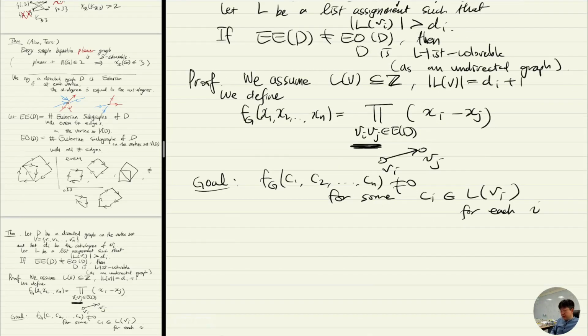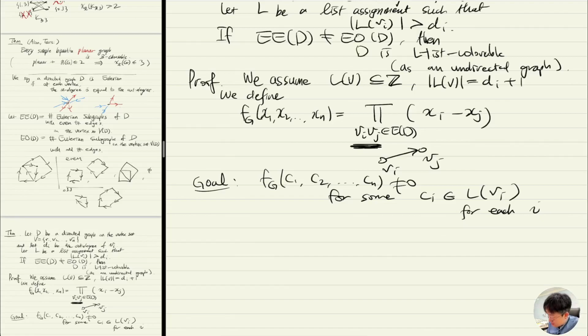If that's the case, then adjacent vertices get distinct colors, so we have a coloring. And this is a perfect setting for using the combinatorial Nullstellensatz.